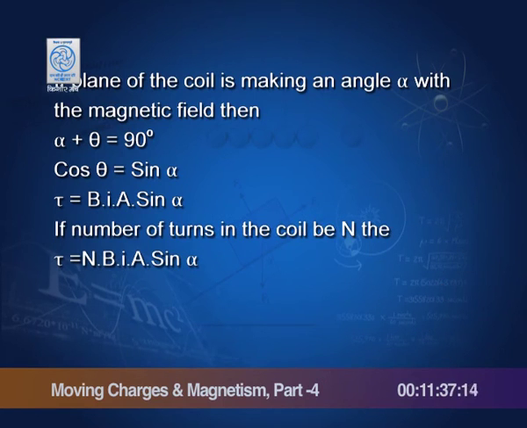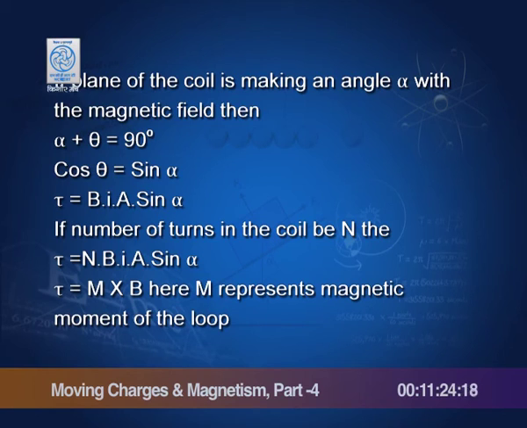If number of turns in the coil be n, then the total torque tau will be equal to nBIA sin alpha. In the vector form, we can write it as tau equals m cross B. Here m represents the magnetic moment of the loop, and the SI unit of this magnetic moment is ampere meter square.